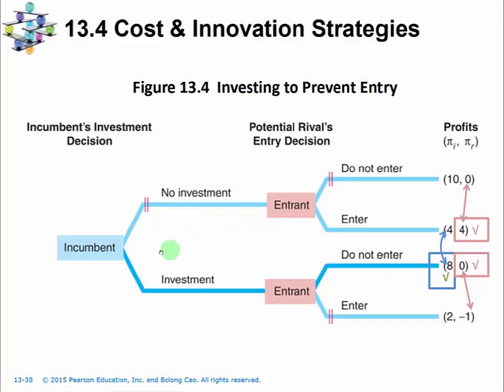Basically, because this investment on the robots makes the incumbent's threat of making the entrant suffer the loss credible, the entrant will choose to stay out of this market. And this commitment to high investment in technology makes the incumbent stronger in its own market. And the investment on the robots becomes an effective strategy to deter entry.